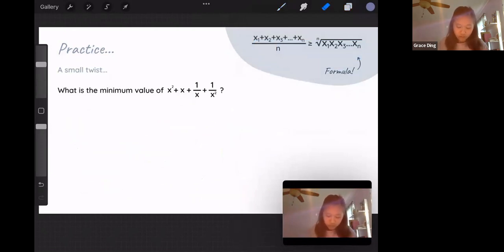Okay, so you guys just need to try a small twist on this. It's the same concept, just plug into the formula again.